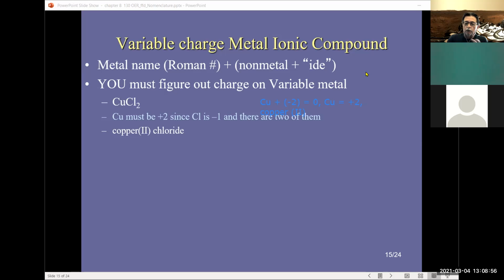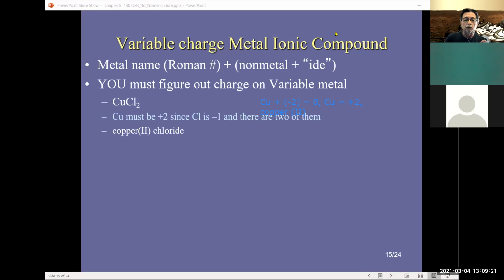So again, you'll always know the oxidation number of either the cation or the anion. And if you don't know the oxidation number of the anion, if it's hooked up with one of the 16, because you know their oxidation number, you can calculate the anion oxidation number. Does that make sense?